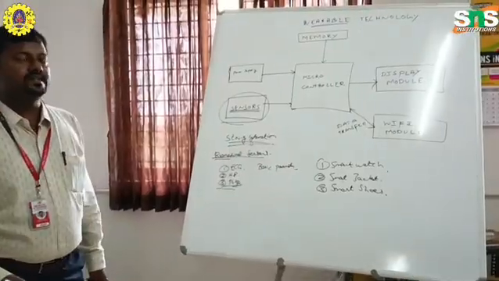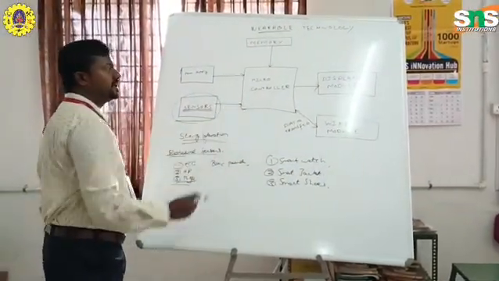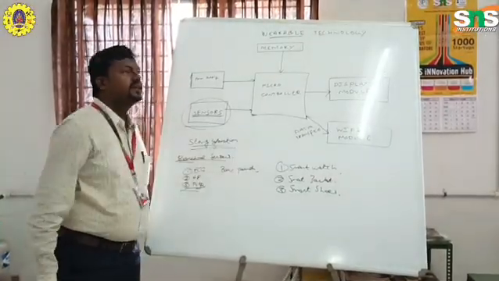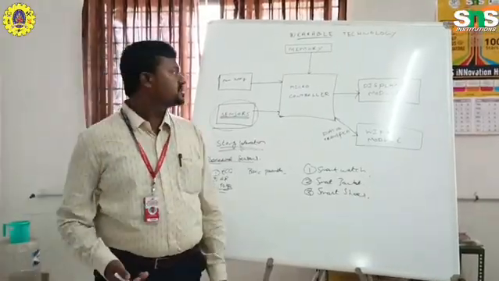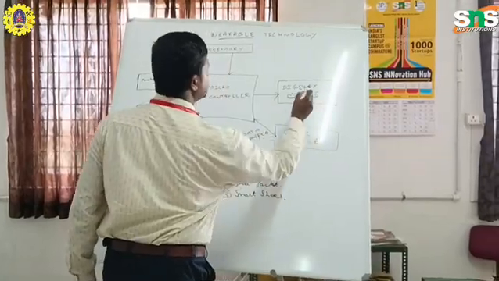These sensors are built inside the smartwatch and then it communicates to the microcontroller. The microcontroller is used to process the information from the sensor and produce the output in the display module.